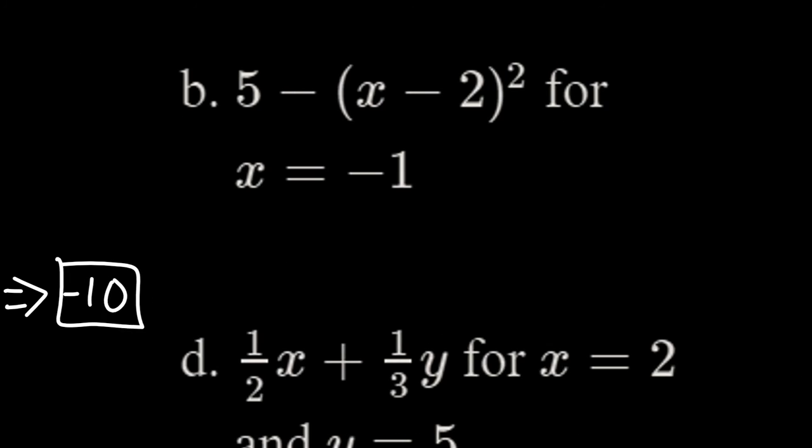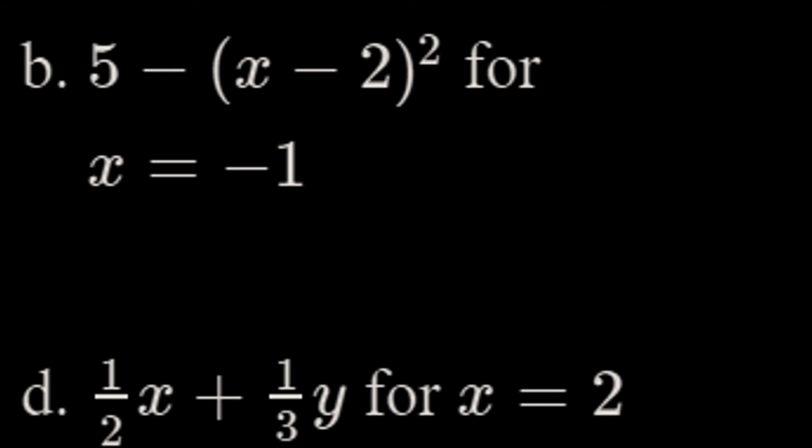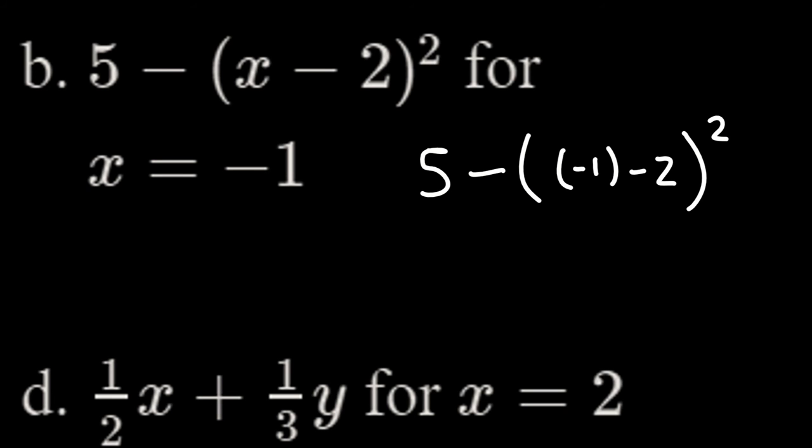For B, it says plug in a -1 to this top expression here. So I've got 5 minus, open parens, and then I'm going to put inside some parentheses a -1 minus 2, close parentheses, and then this thing gets squared. So inside the parentheses, that's a -1 and a -2, which is -3.